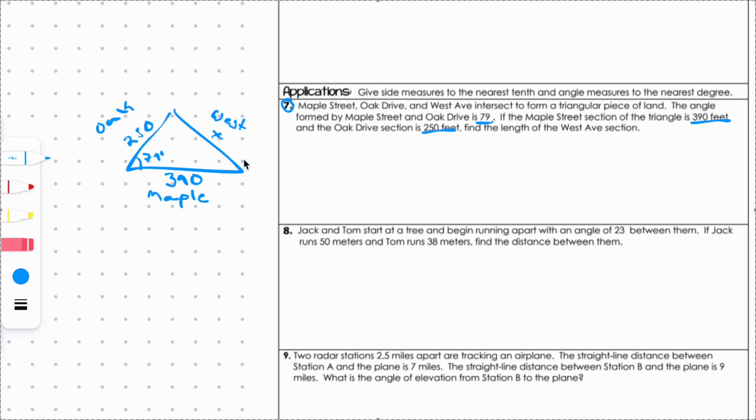We're trying to solve for this side, and we already have the angle opposite to it and the two other sides, so we should be able to solve this equation. x squared equals the two other sides squared, 250 squared plus 390 squared, minus 2 times both of those sides, 250 times 390, times cosine of 79.